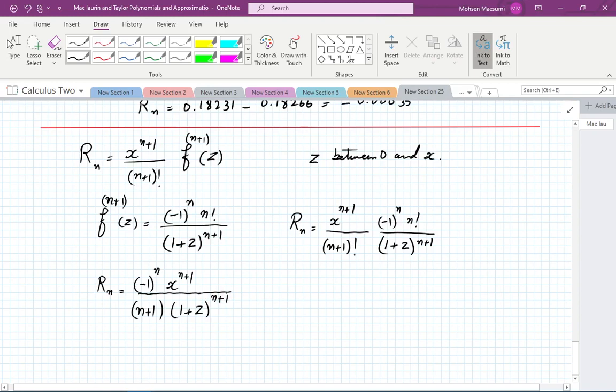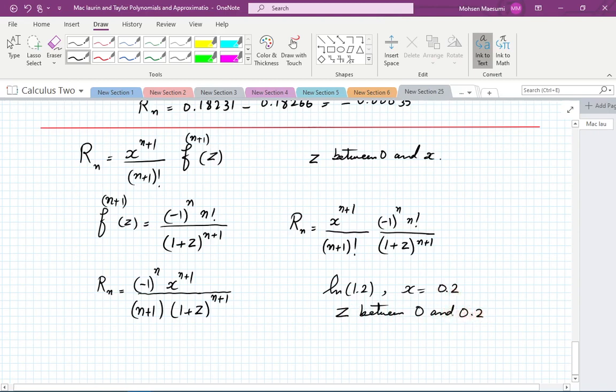For the logarithm problem, that is what the remainder looks like. Now in our problem, we were looking for the logarithm of 1.2. So that means x is 0.2. And we know z is between 0 and x, so between 0 and 0.2.